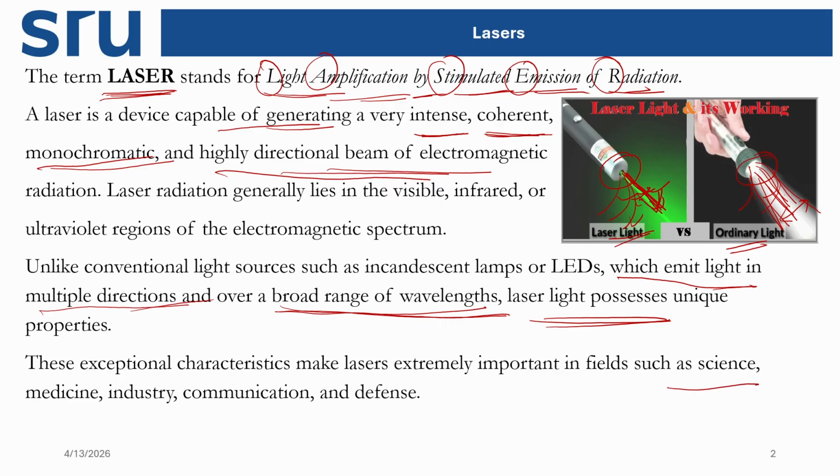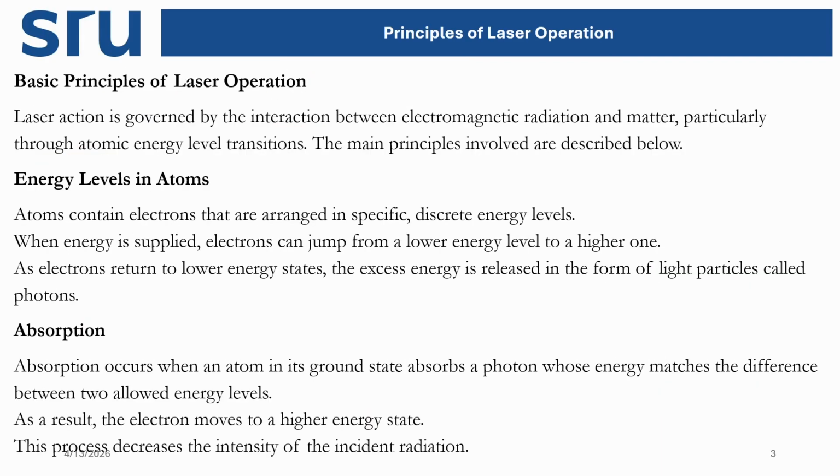This is very important because we use it in different fields, such as medicine, industry, communication, and defense. That's why it is an important topic, the laser, how it works and what its applications are.